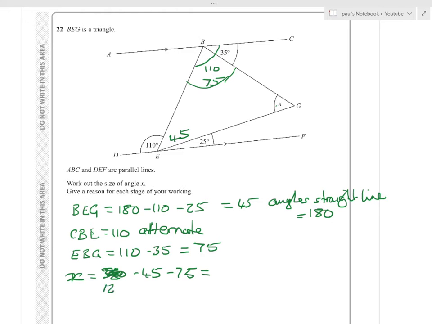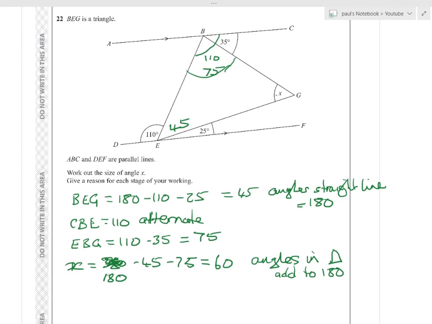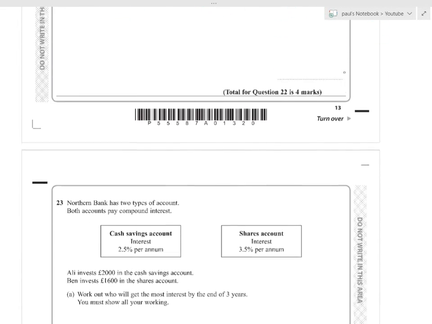That's 180, isn't it? 180 minus 45 minus 75 is 60. So this one's angles in a triangle add to 180. Good. Oh, made a mistake.